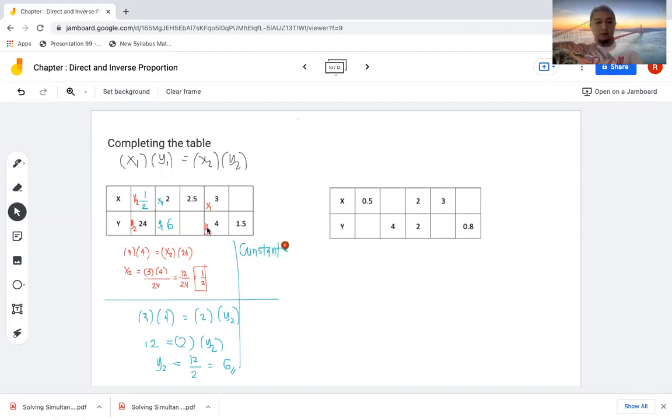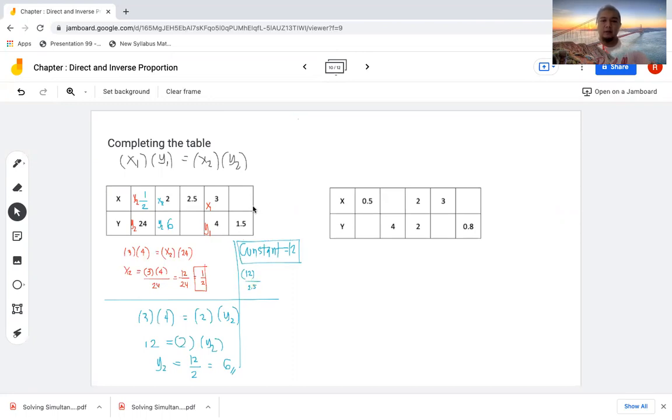That means the constant value, which is 12, will be divided by the given value for you to find the missing value. So let's say I'm going to answer this one. What I need to understand is that the constant is 12, which is the product of 3 times 4. And then 3 times 4, which is 12, is going to be divided by 2.5.